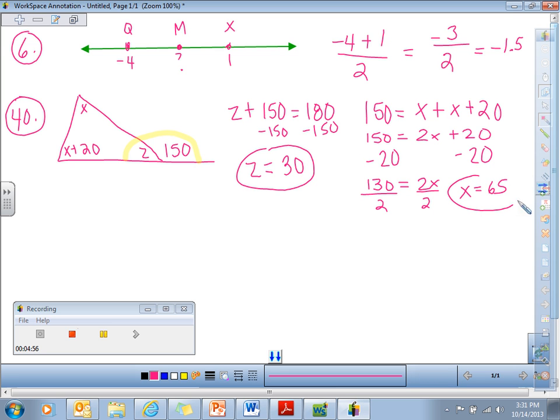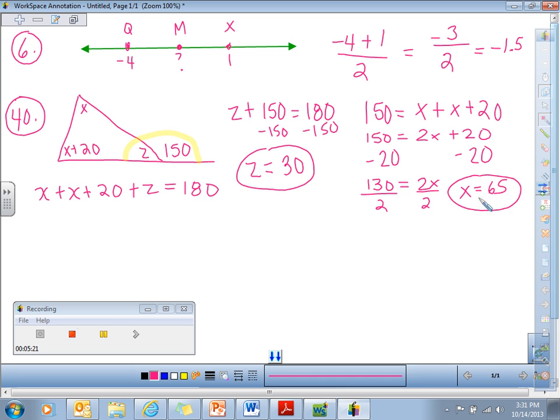Okay, and what's your question? Okay, does that work too? Okay, if you add all three of these angles, let's do it always. The three angles in a triangle always add up to be what? 180, okay? X plus X plus 20 plus Z is all equal to 180, correct?